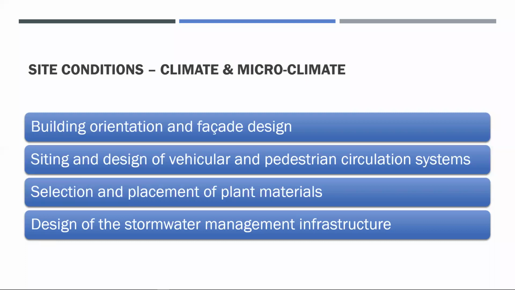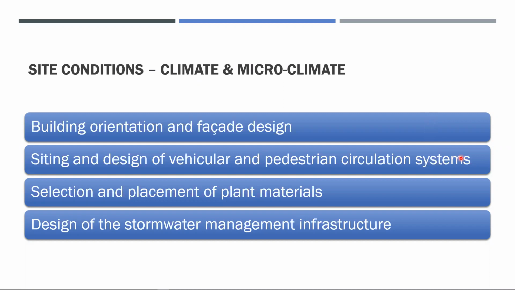A site's expected climatic and microclimatic conditions can also influence various site planning and design decisions, including building orientation and facade design, and the siting and design of vehicular and pedestrian circulation systems.